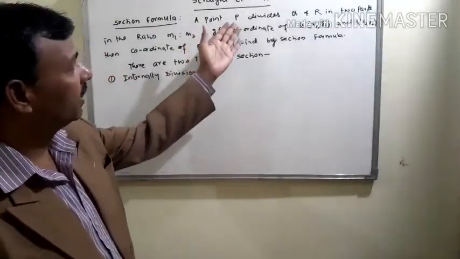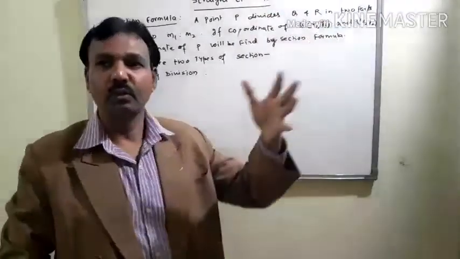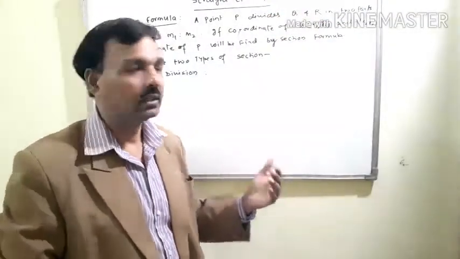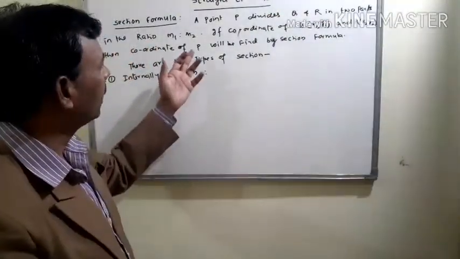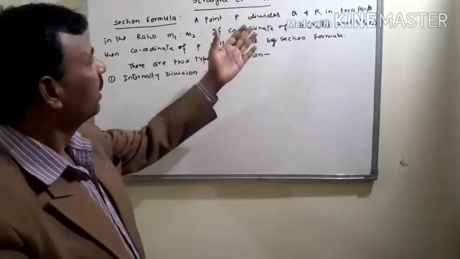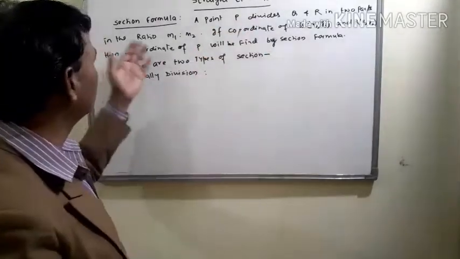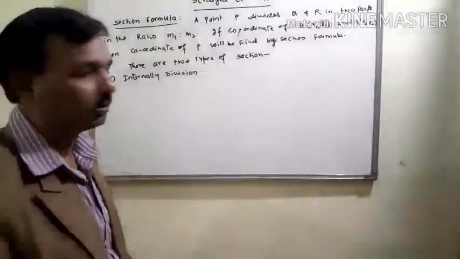If point P divides the QR into two parts internally, then what will be coordinate of P if P divides Q and R in the ratio M1 is to M2?